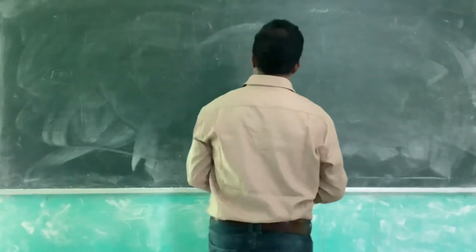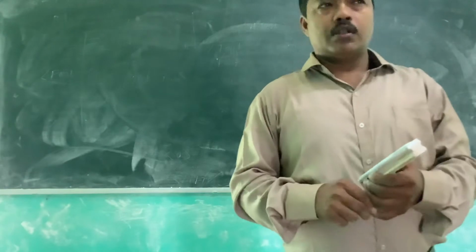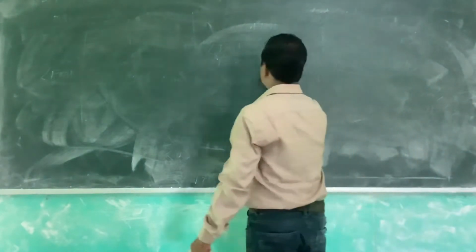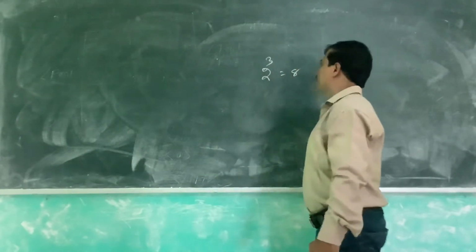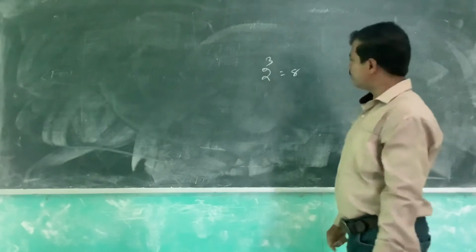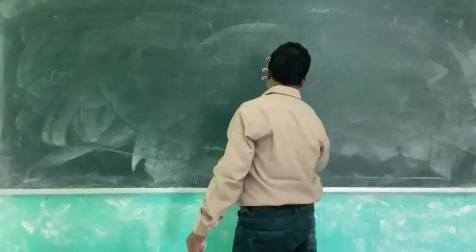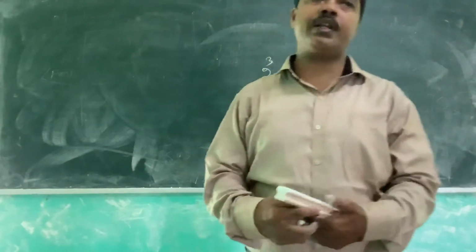Another two tags are SUP and SUB. If you have to write an equation like 2 to the power 3 equal to 8, or 2 to the power 8 equal to 256, how is it possible in MS Word?